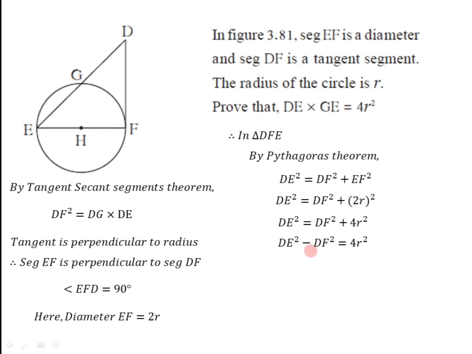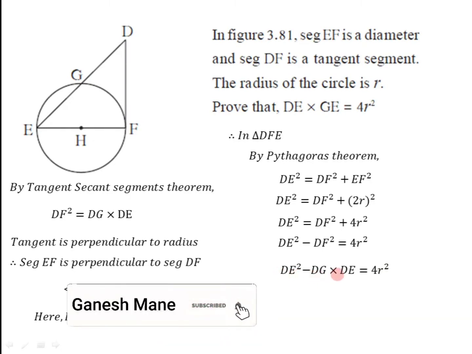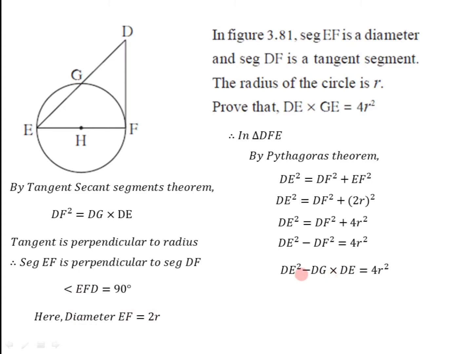So instead of DF square, we can write DG into DE to get the equation DE square minus DG into DE is equal to 4r square. Now we have two terms, DE square and DG into DE. From these two terms we can take DE as common. So if we take DE as common, inside the bracket we should have DE minus DG, that is equal to 4r square.